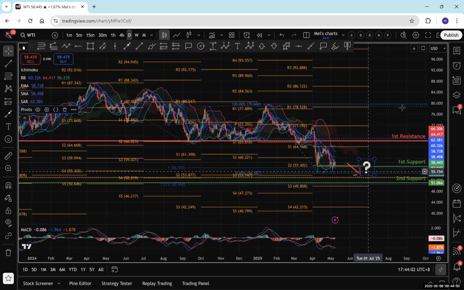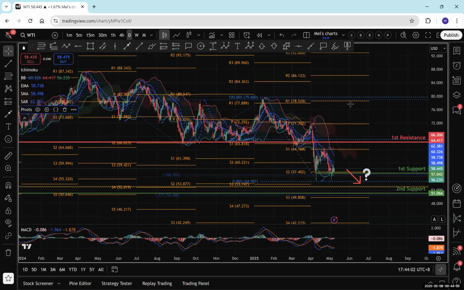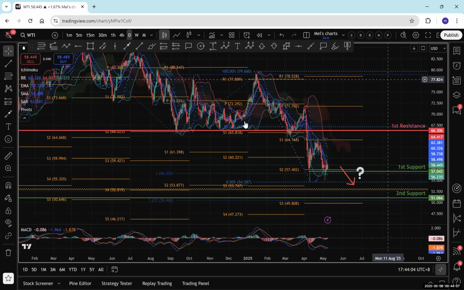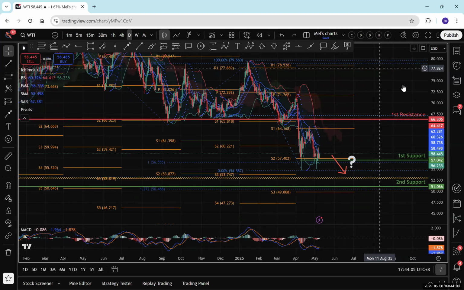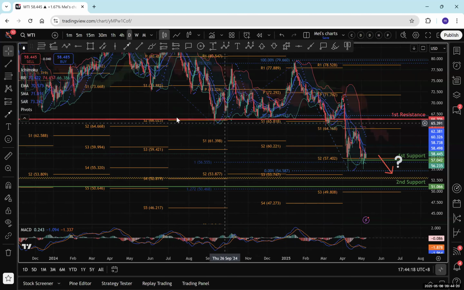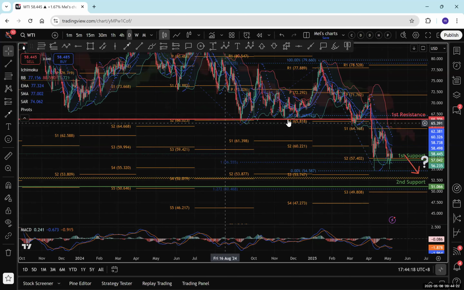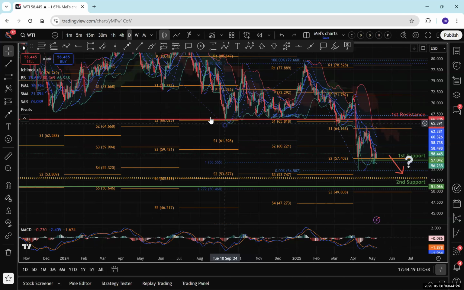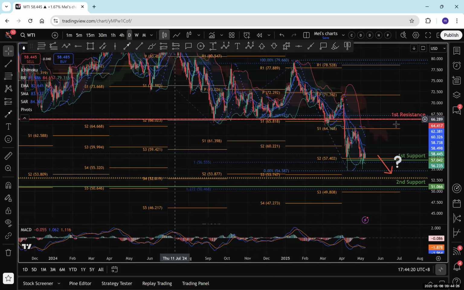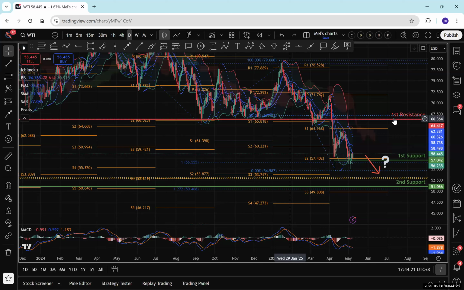So if I zoom in really quickly, you can see that my first resistance lines up with this S1. I'm not so concerned that my first resistance has to be a first support since it matches up. I'm more concerned that the S2 and the S1, as well as some other levels, will line up together with the level that I've highlighted, so my first resistance here.